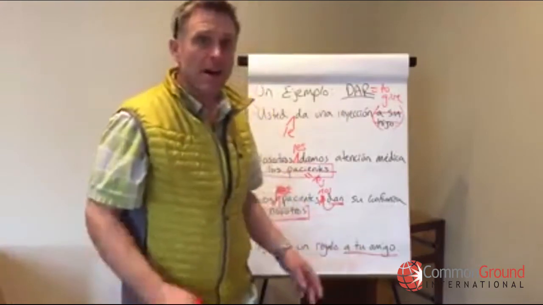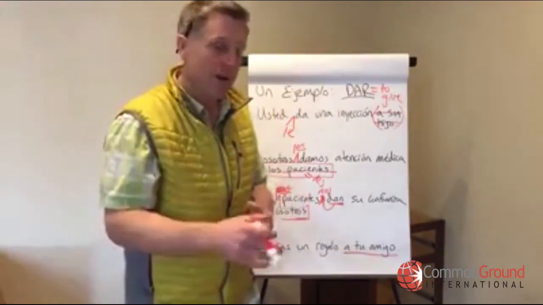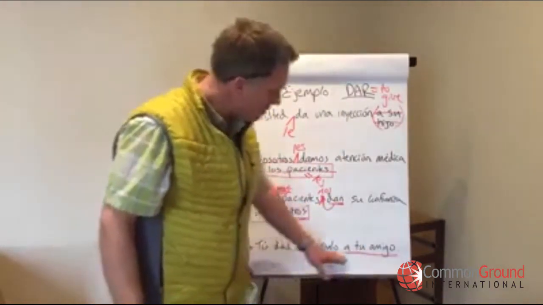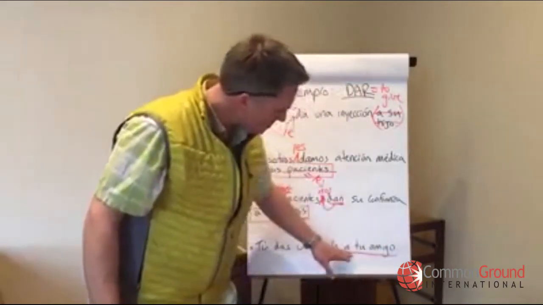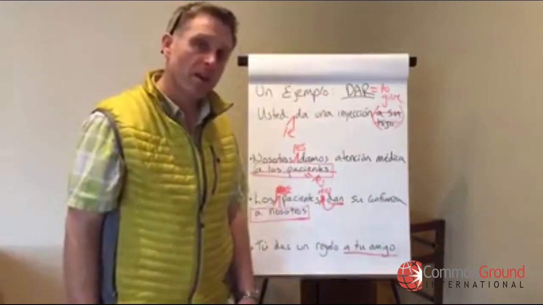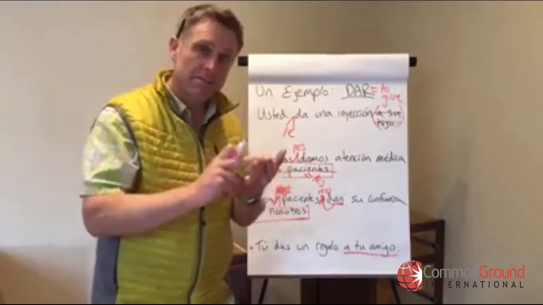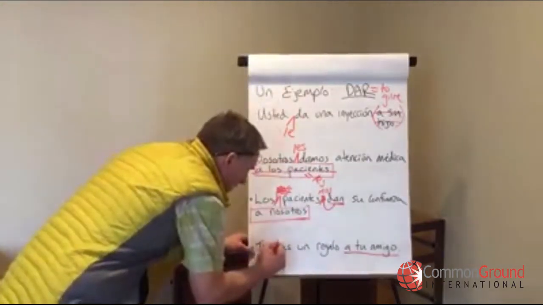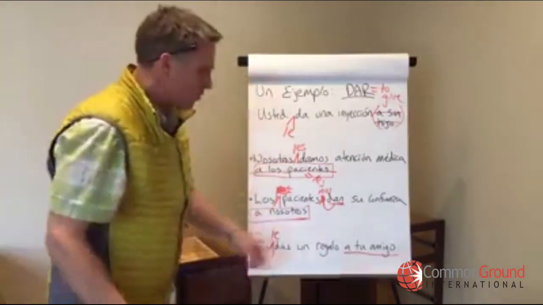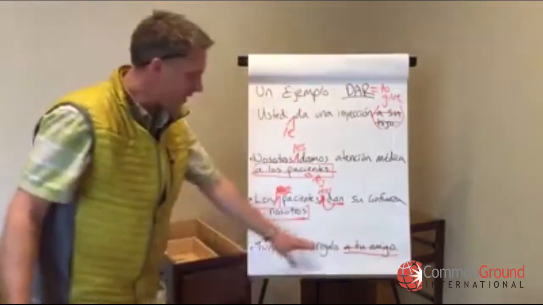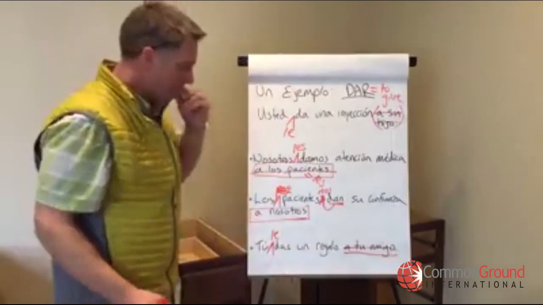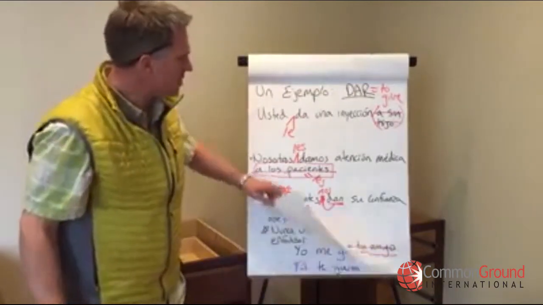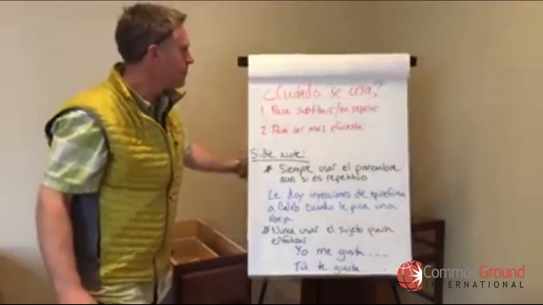That's just the adjective your, ¿verdad? Your friend. So what would be the proper pronoun to substitute a tu amigo? It's singular and it's masculine. Le. Okay. Tú le das un regalo. Okay. Tú le das un regalo. Perfect.